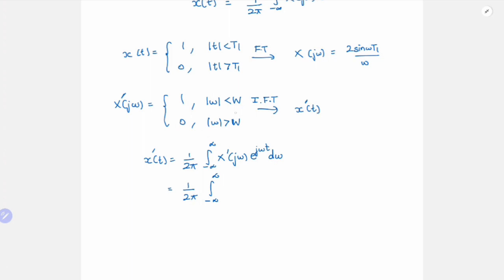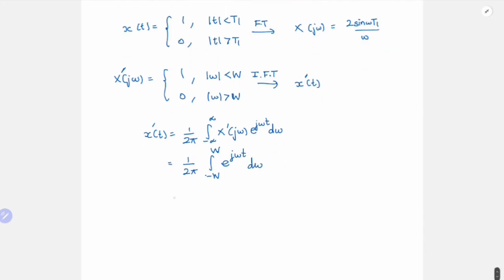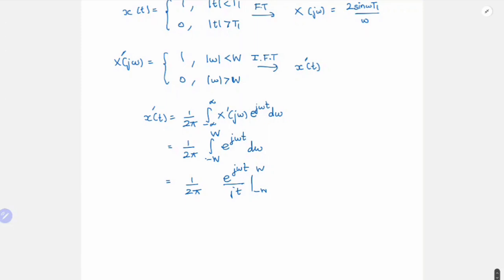This is going to be 1 from minus W to plus W, so the integral will change from minus W to plus W of e^{jωt} dω. And this is nothing but e^{jωt} by jt from minus W to plus W.